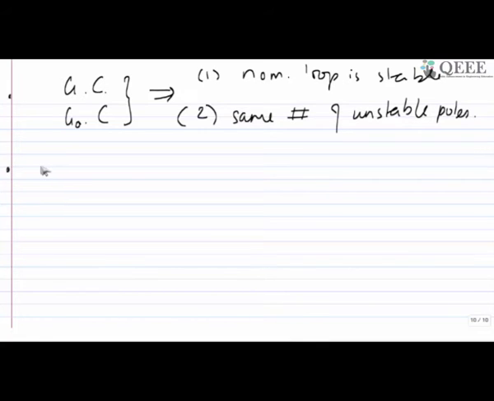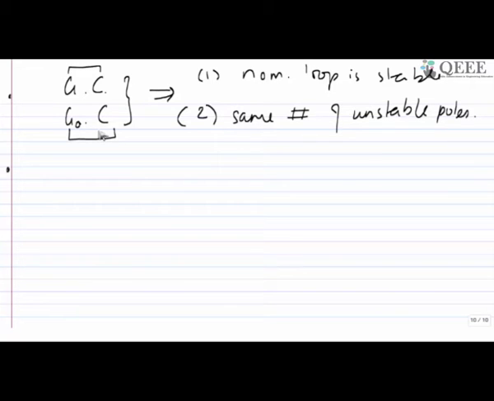See that for the real loop, if we go to the Nyquist stability theorem, it says the real loop is stable if and only if the Nyquist plot of GC encircles the point -1, 0 the same number of times and of course in the same direction as G naught C does.